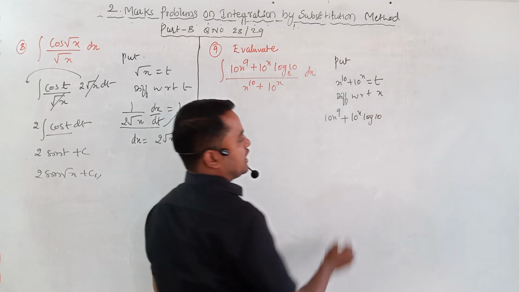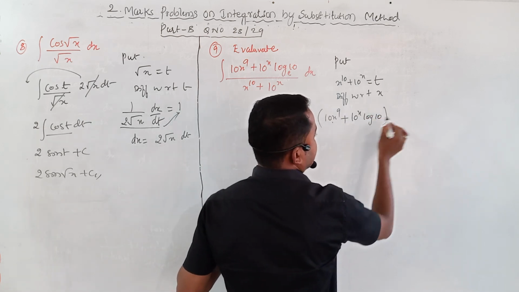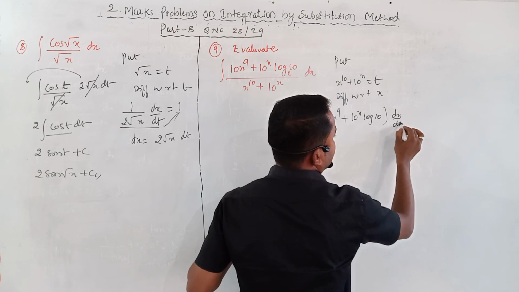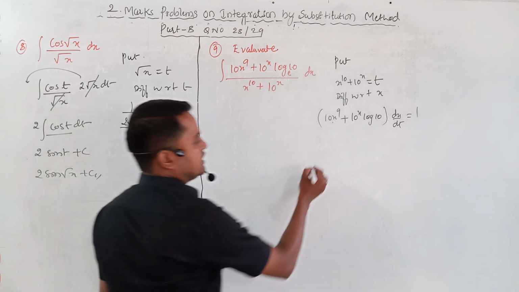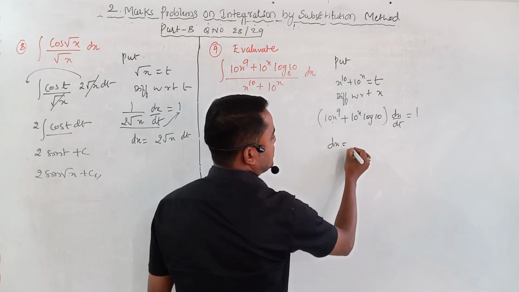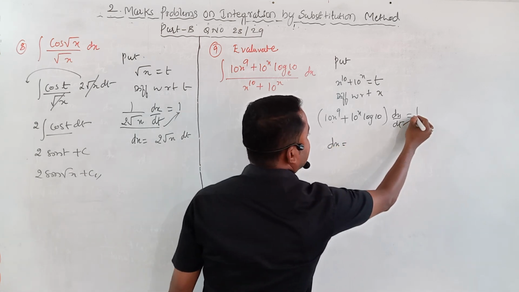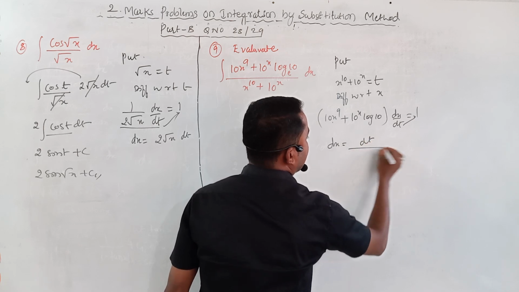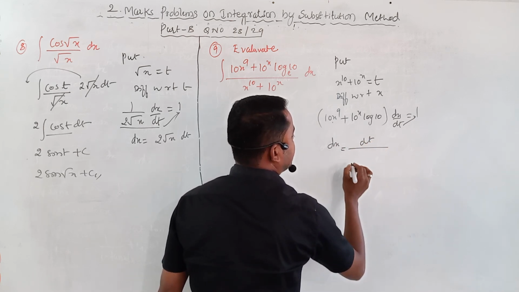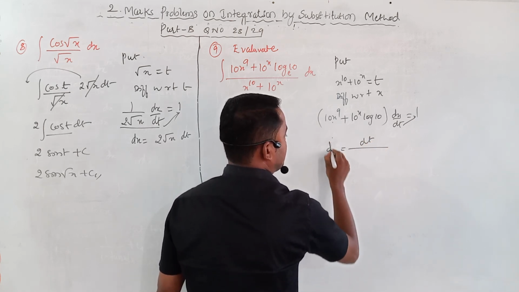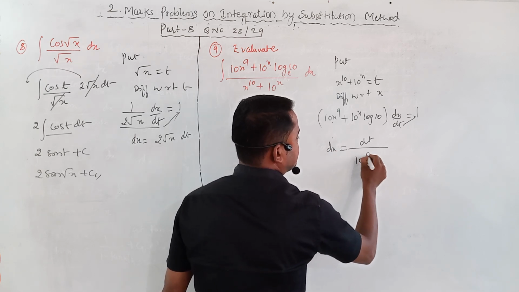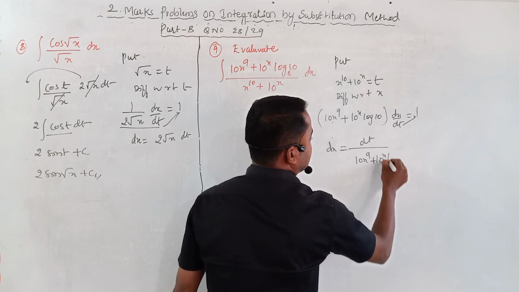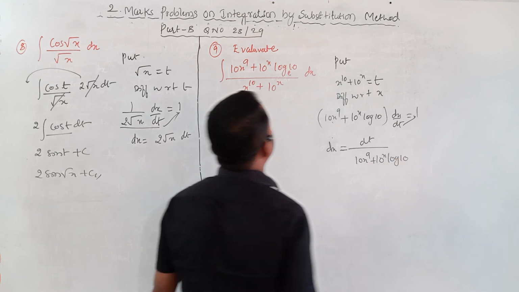Then derivative of x is dx by dt, and derivative of t is 1. Now solve for dx. Cross multiplying, dx is equal to dt divided by 10x raised to 9 plus 10 raised to x log 10.